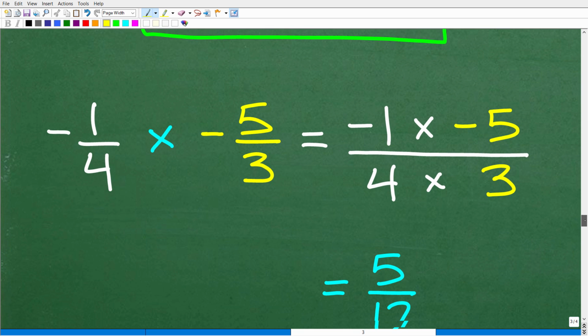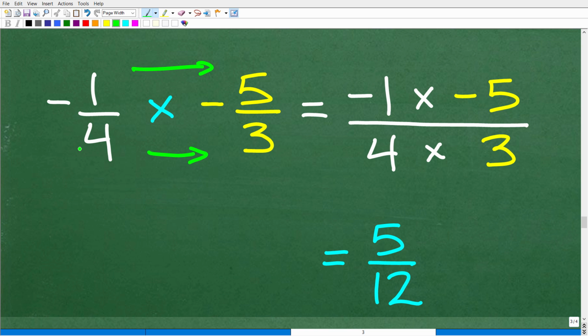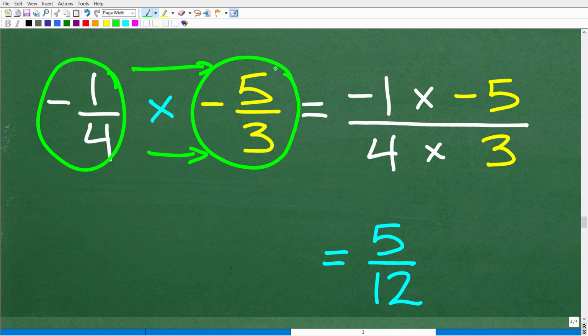Very easy. All we have to do is multiply the respective numerators and denominators. Now, something that confuses a lot of people is negative fractions. First of all, we just want to recognize that we're talking about a negative number times another negative number.